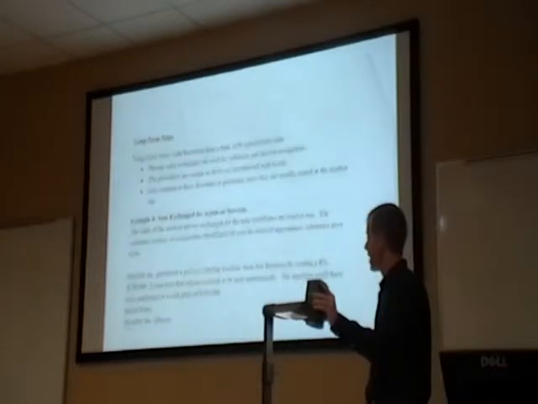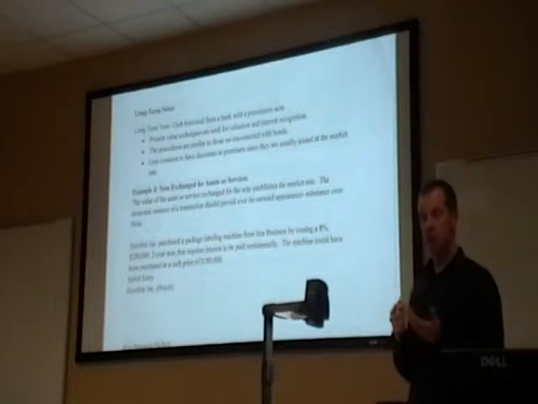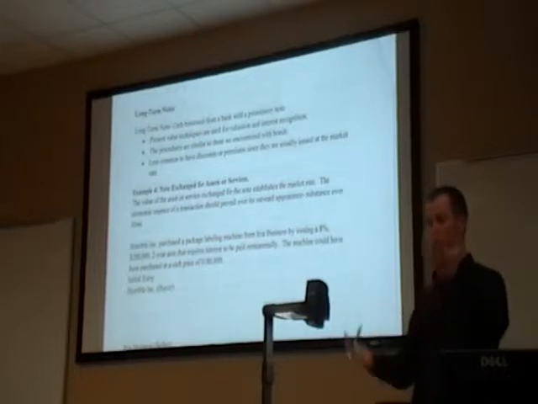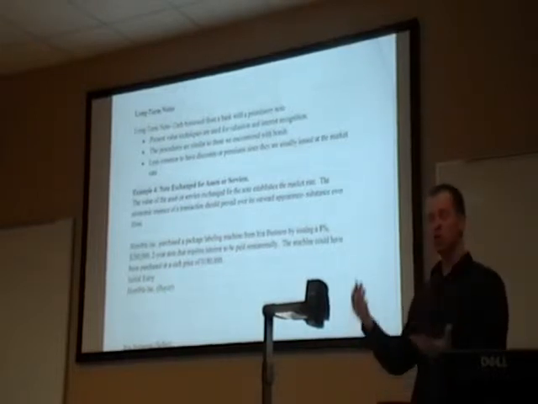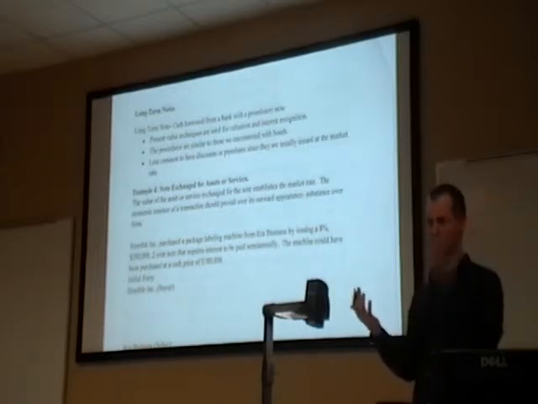So our example: notes exchanged for assets or services. The value of the asset or service exchanged for the note establishes the market rate. This is one of those times, and we talked about one earlier in the semester, when we're exchanging two things and we use the value of one of them to help us determine the value of the other.